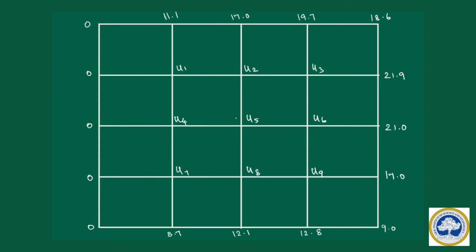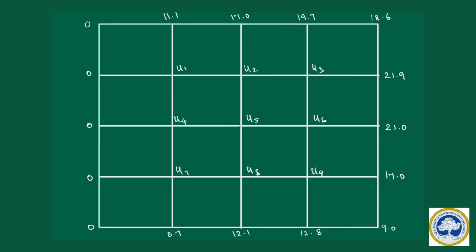Now if you see this diagram, the center value is U5. So under step number 1, in the first iteration, first we have to calculate this U5, which is the middle value. How do you calculate U5 using the standard 5-point formula?